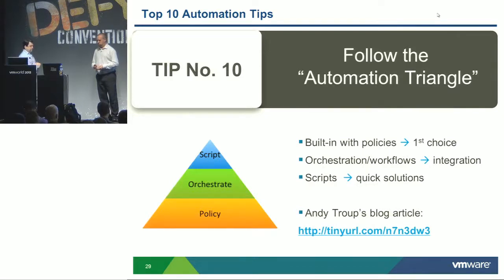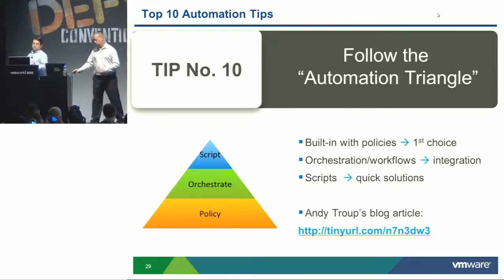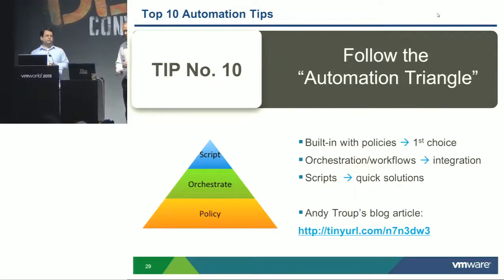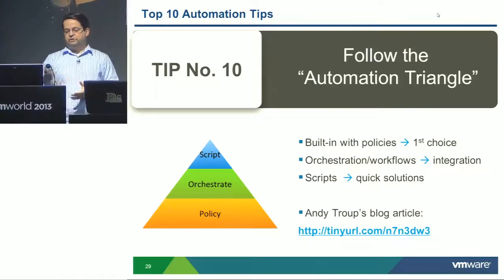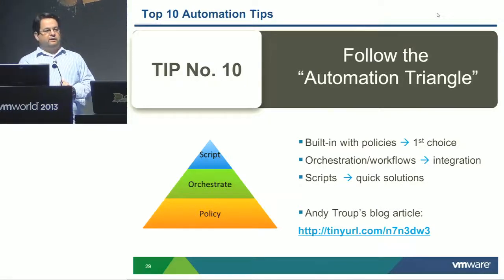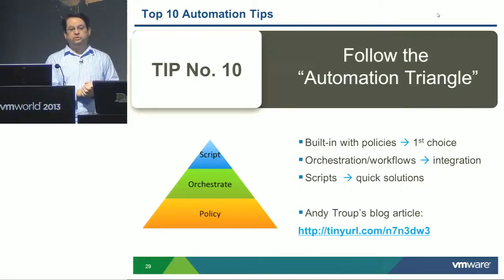So we've spoken a lot about the different technologies, right? Workflows, policy-based, scripting, and hopefully you get a good sense by now sort of what is the sweet spot for each one of them. But there's also a great rule of thumb to look at when you consider what technologies you are using within your organization.